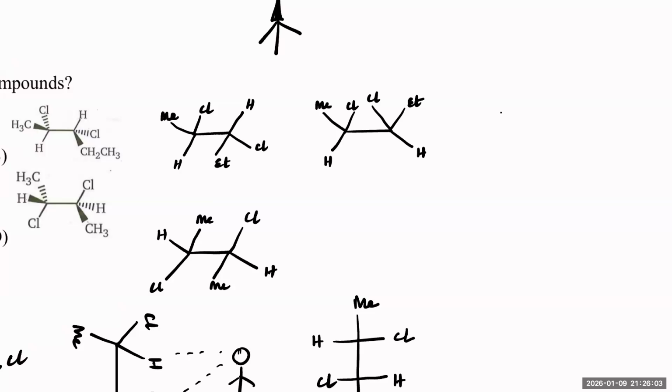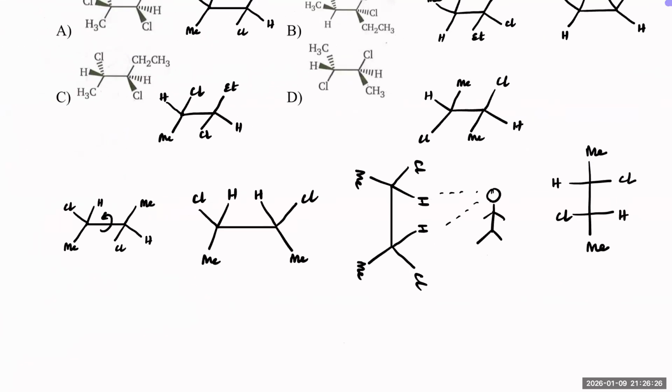So now if I make it into a Fisher projection, I'll have hydrogen here. Methyl and ethyl here, chlorine and chlorine here. So this is nowhere meso. This is not meso at all, because on one side we have ethyl, on the other side we have methyl. So there cannot be a plane of symmetry here.